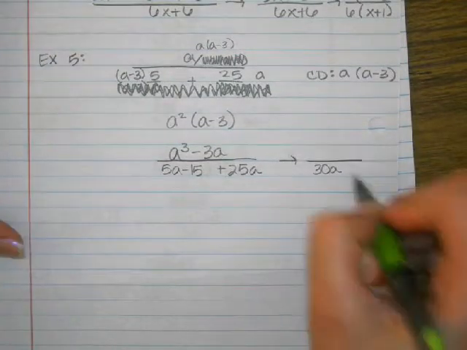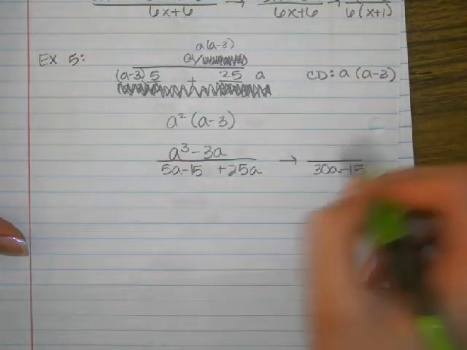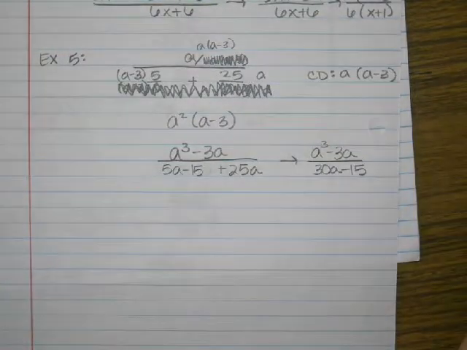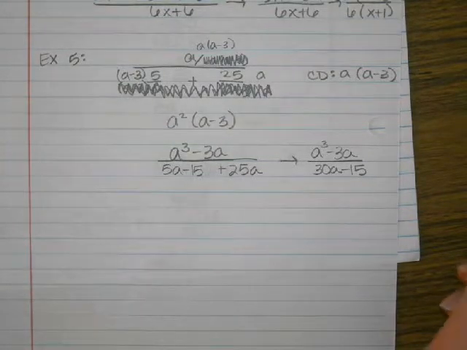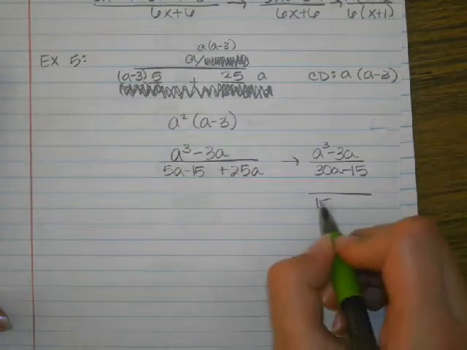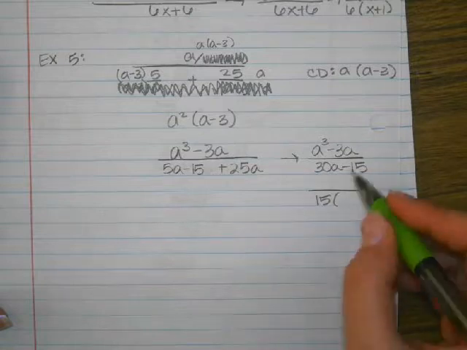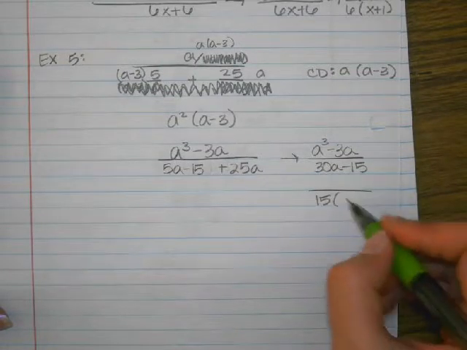Still take a 5 out. Yeah. But you can actually take more than a 5 out. So what type of factoring do we have that we can do? GCF. Take out 15. On the bottom we're taking out 15, and what does that leave us with? 2A minus 1.